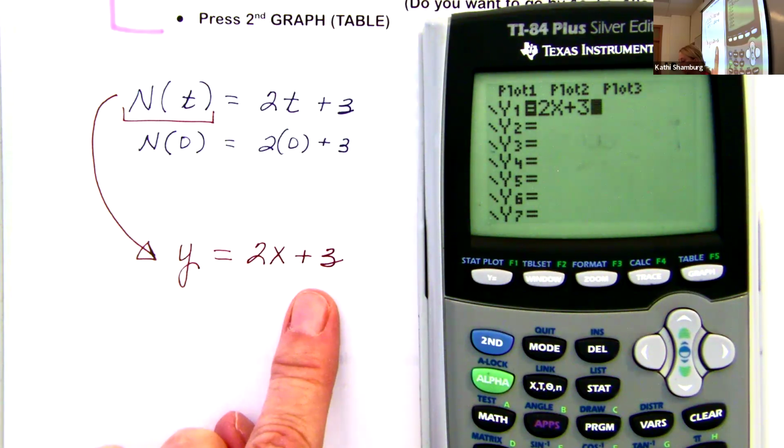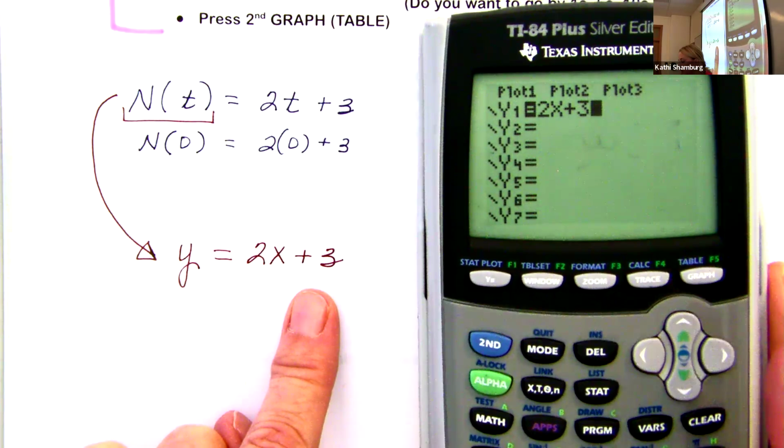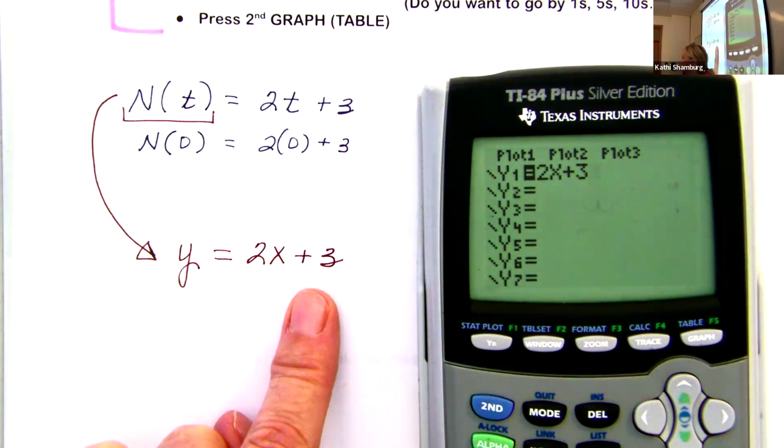Now, if you look at your second bullet point, it says enter the entire equation. We just did. It says don't forget parentheses if you need them. The second one we do, I'm going to add parentheses, so I'll show you how that works. Now, the next bullet point says set up the table. To set up the table, we're going to press second window.